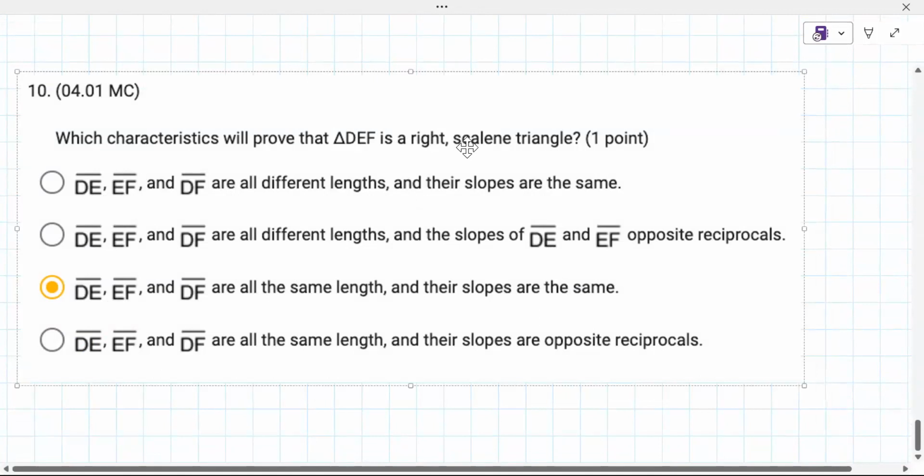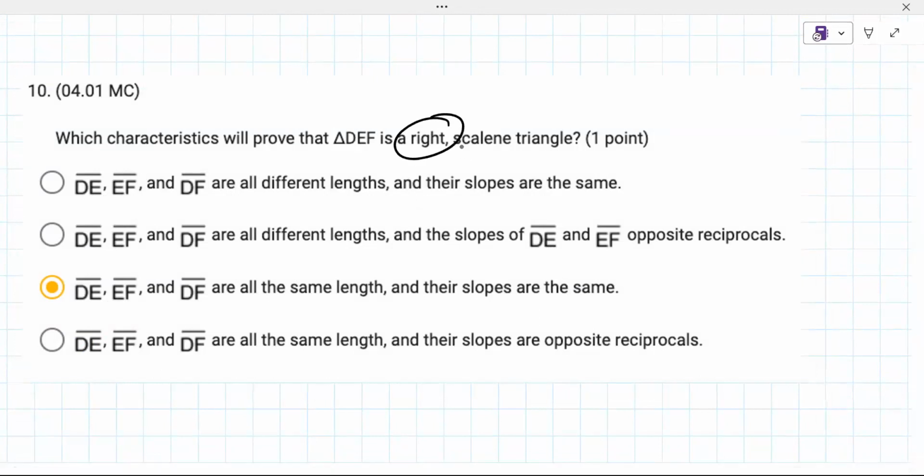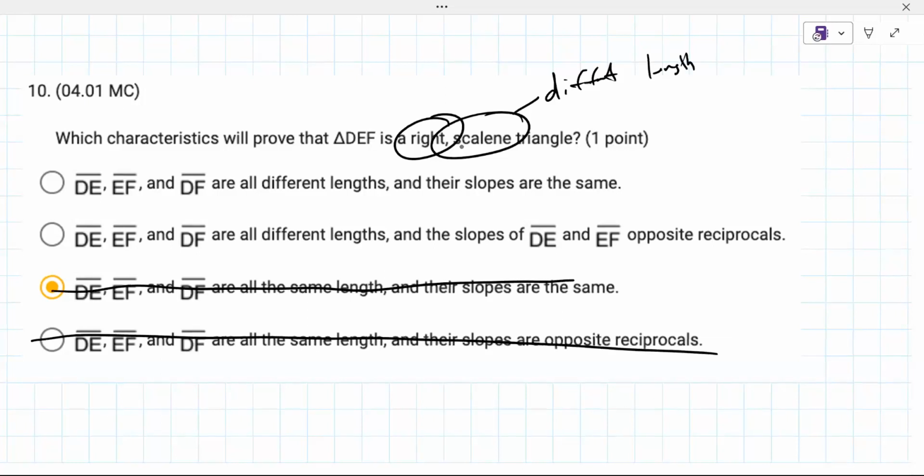Scalene means all different lengths, so it's not number three or number four. It has to be number one or number two. And right means there's a right angle, so perpendicular. It has to be number two because that's the only one that talks about opposite reciprocals. That is correct.